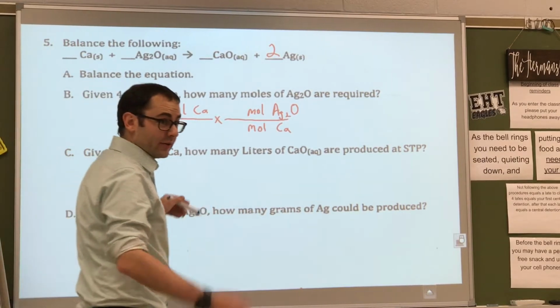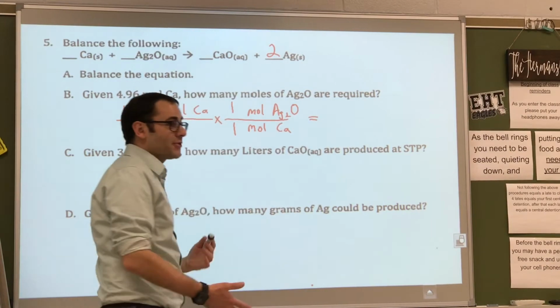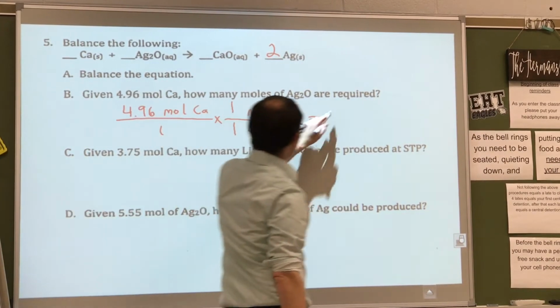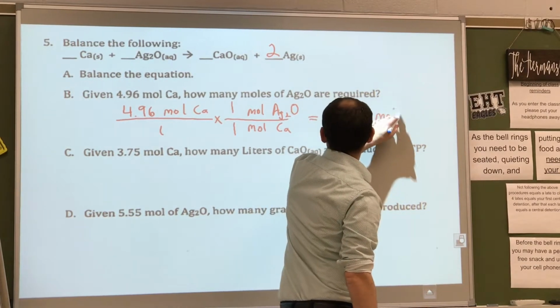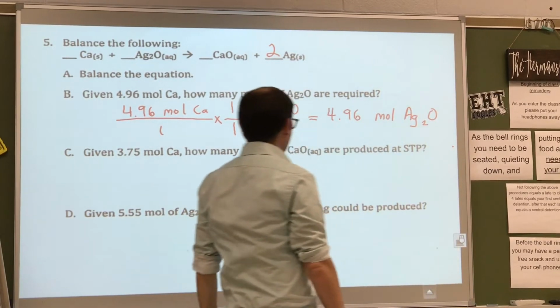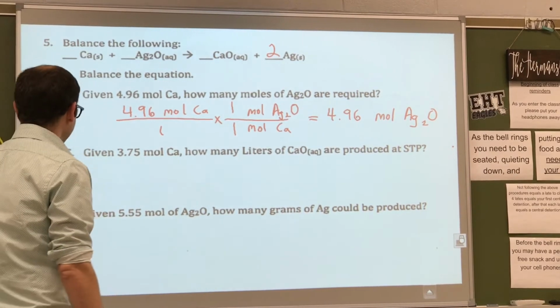This can happen. It makes the math really easy, right? You're not going to mess up sig figs. 4.96 moles Ag2O. Okay. Great. Now, let's do the next one.